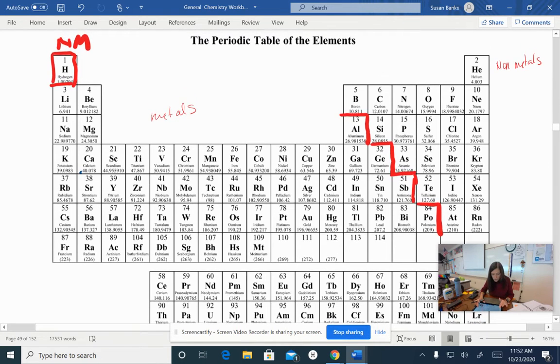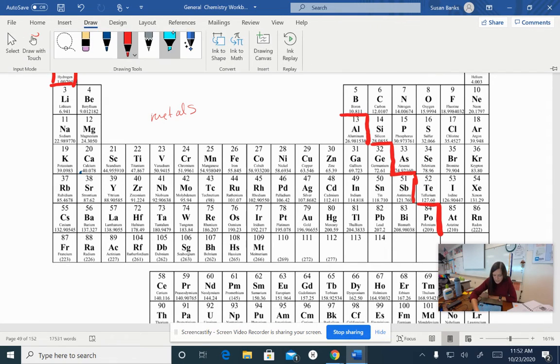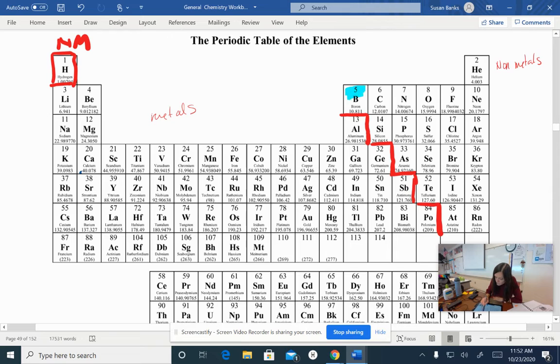Now, I also told you that we would put in the metalloids. The metalloids, which have properties of both the metals and the nonmetals, are going to be right on that line. So I'm going to highlight the metalloids. The metalloids are boron, silicon, which we use to make computer chips, germanium, arsenic, antimony, and tellurium.